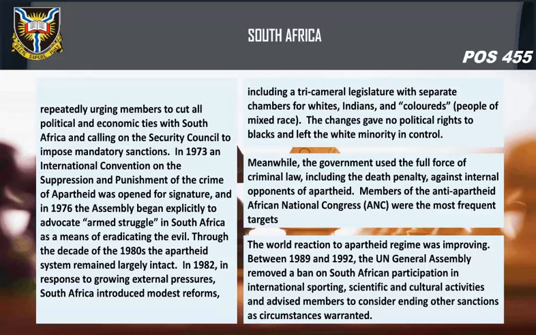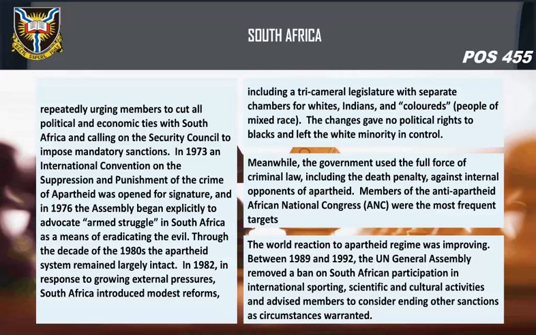In 1973, an International Convention on the Suppression and Punishment of the Crime of Apartheid was opened for signature. In 1976, the Assembly began explicitly to advocate armed struggle in South Africa as a means of eradicating the evil. Through the decade of the 1980s, the apartheid system remained largely intact.